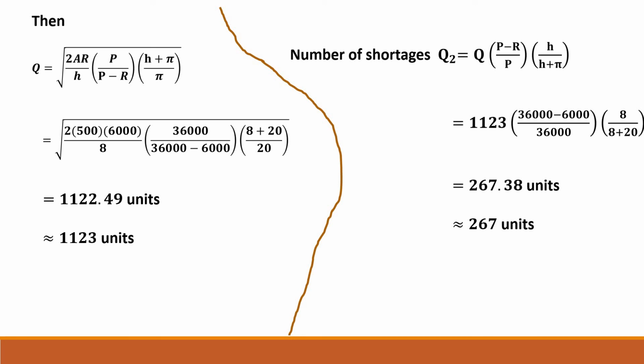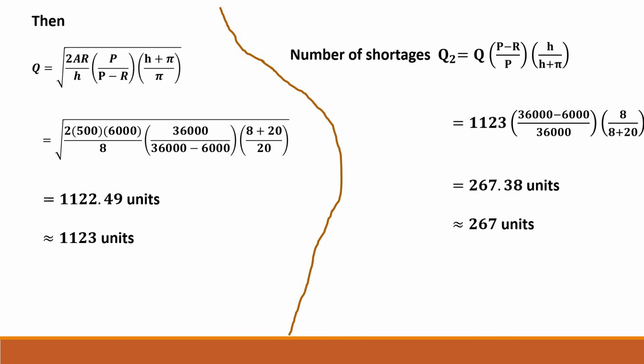Number of shortages Q2 is equal to Q into P minus R by P into H upon H plus pi. Plug in the value of Q as 1123 and inventory parameters as given in the data. It results in 267 units.